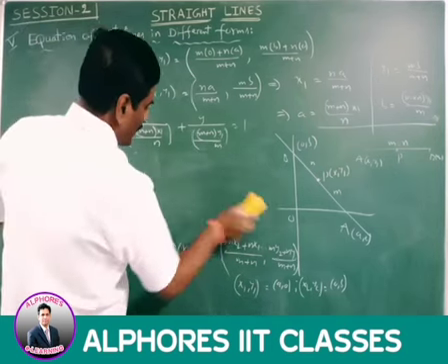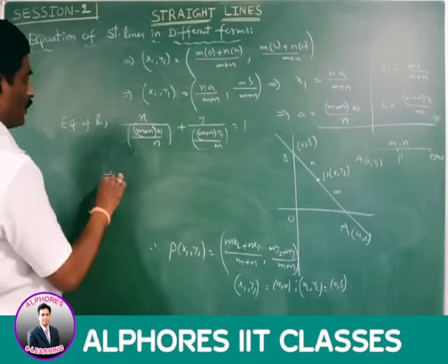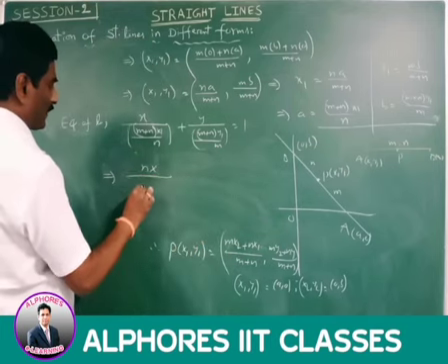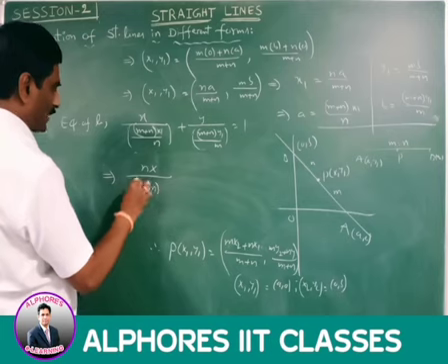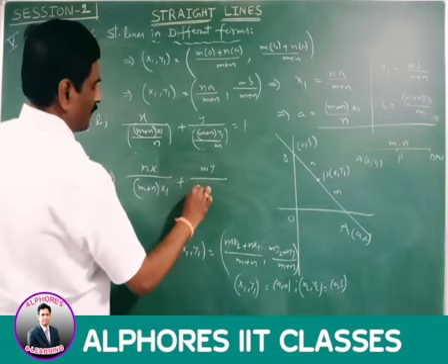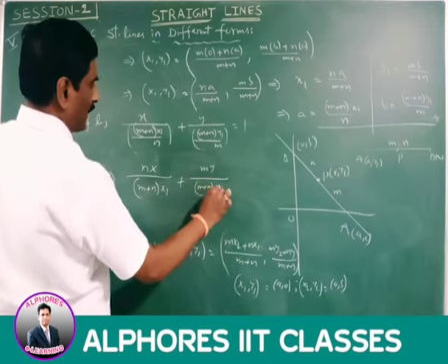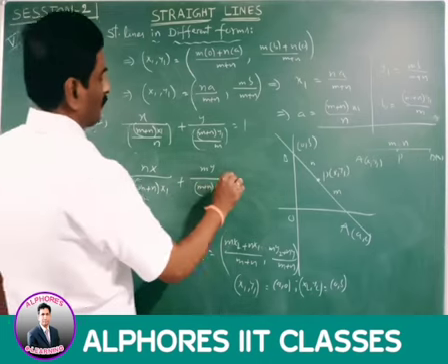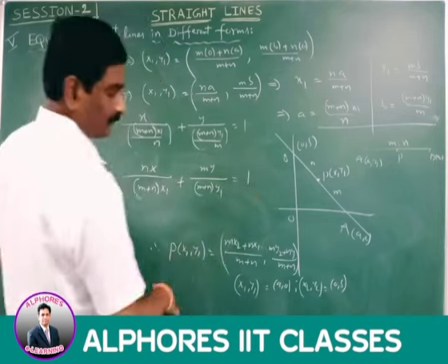After simplification, it can be reduced to nx/((m + n)x1) + my/((m + n)y1) = 1.